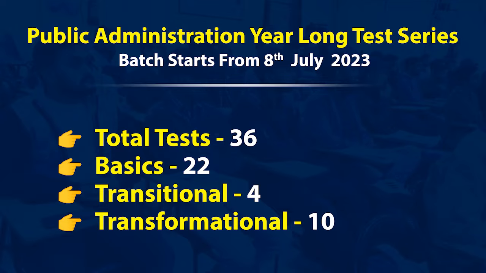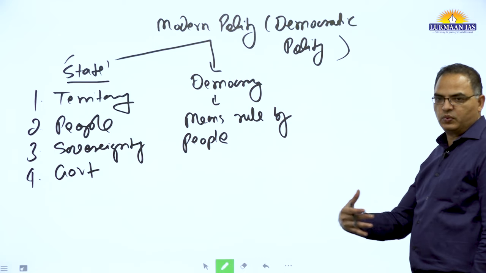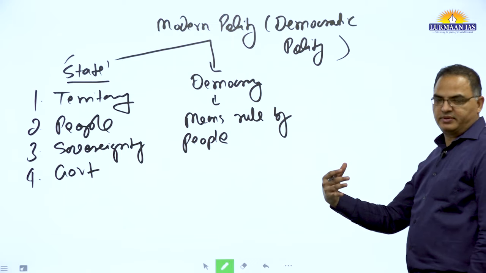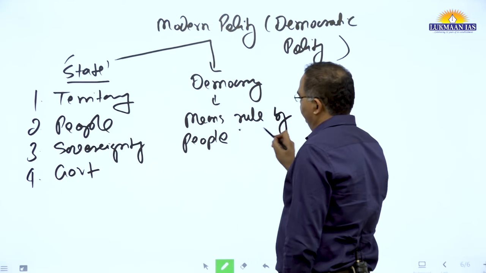Democracy means rule by people. Democracy is a system of rule. Demo means people. It is ruled by people.